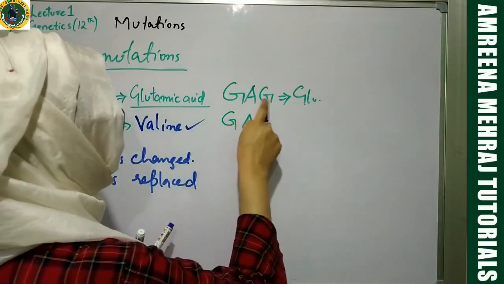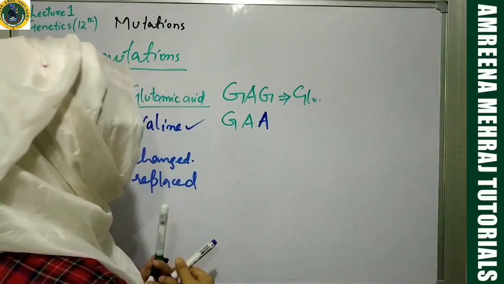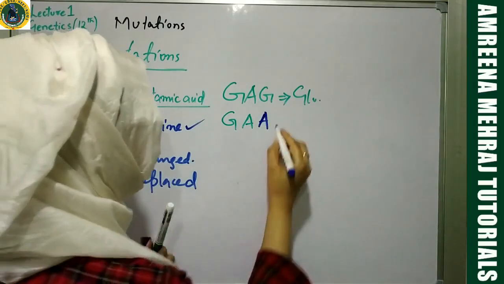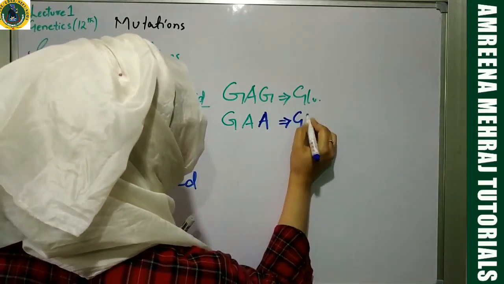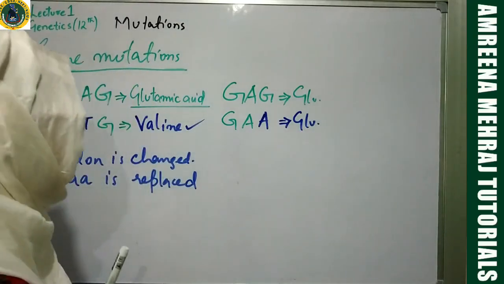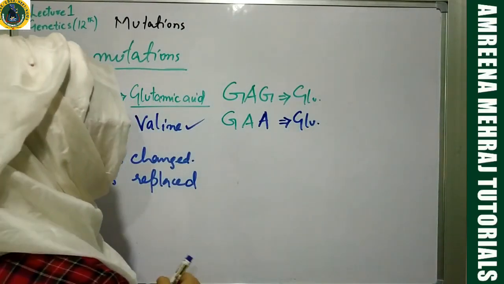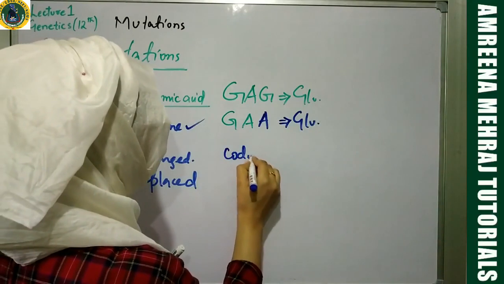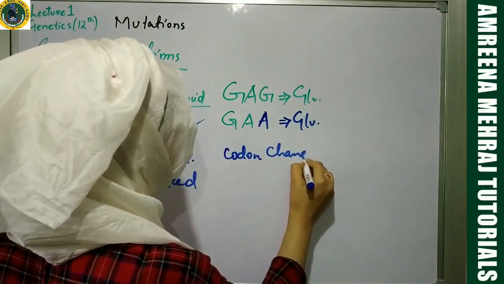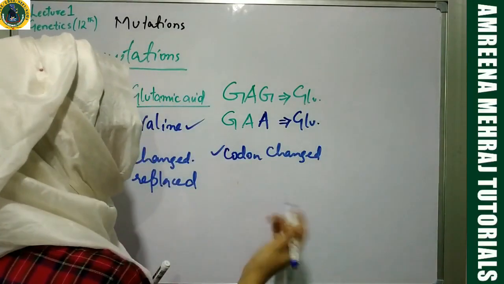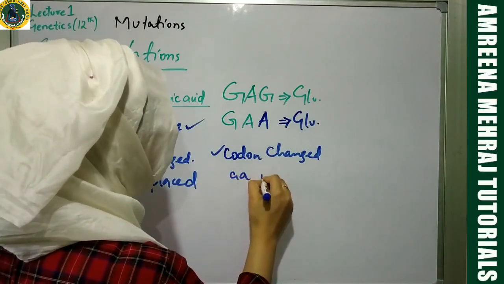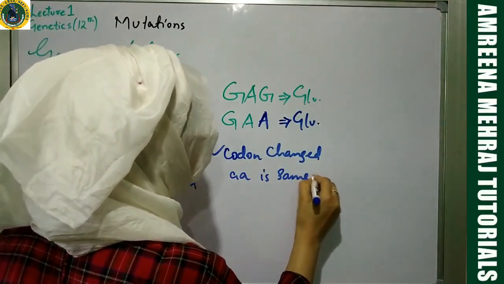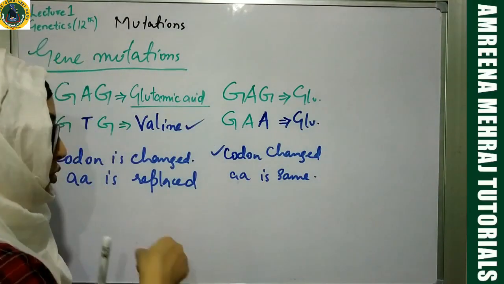Earlier it was GAG, now it's GAA, but the condition is that this codon GAA also codes for glutamic acid, the same amino acid. So you have observed that the codon was changed definitely, but the amino acid is the same. So the same amino acid will be added to the polypeptide chain.